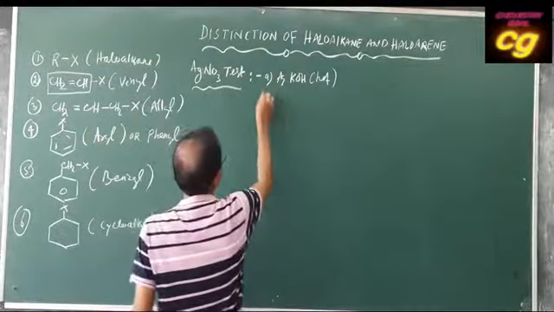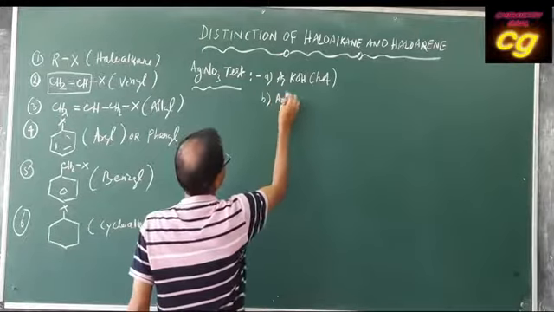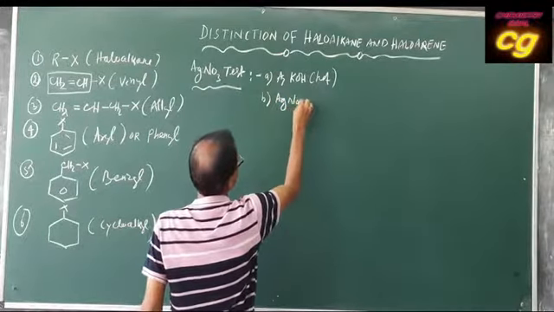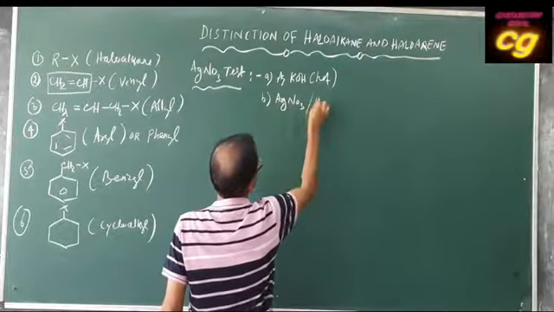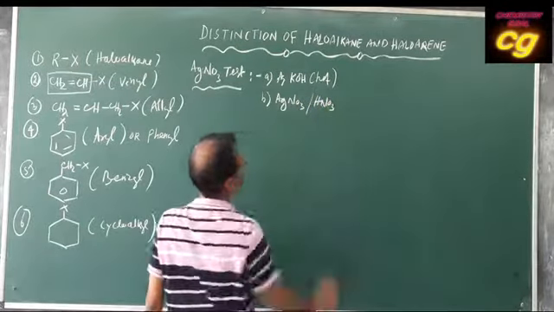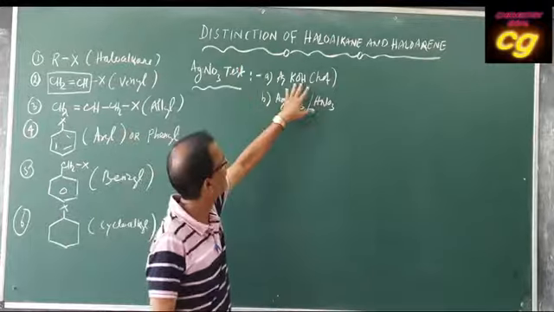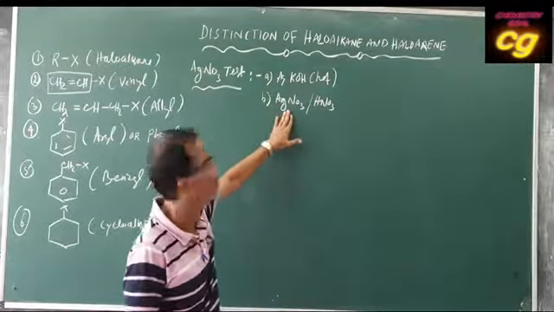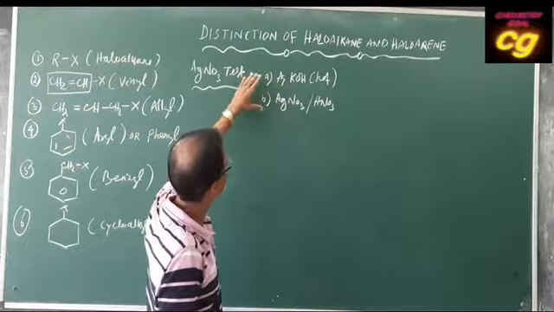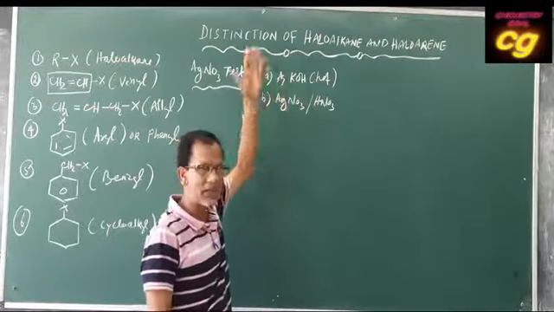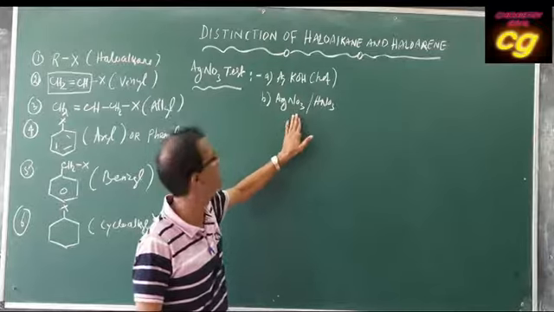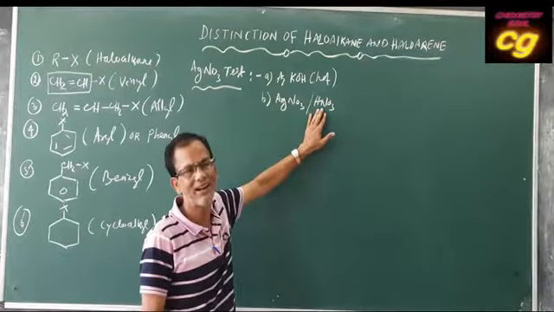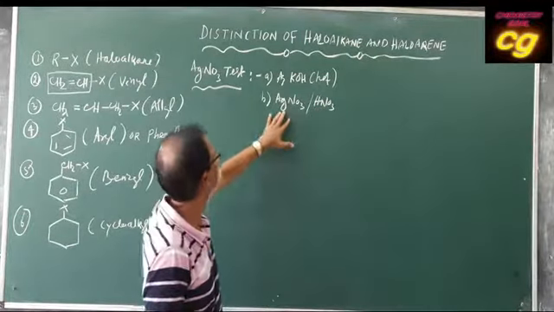Then, followed by silver nitrate solution in nitric acid medium. That means after adding aqueous KOH, you add nitric acid, then silver nitrate solution. So these are the two steps.